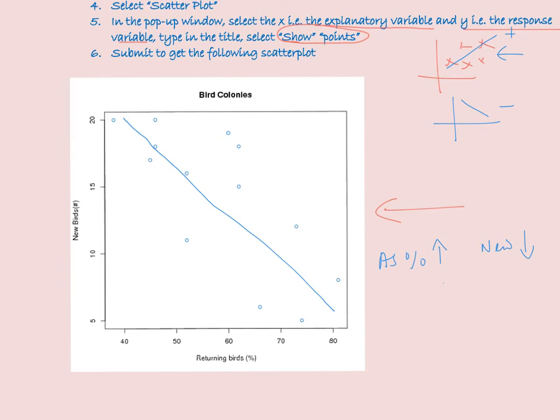So the association here is called a negative association, because as one variable increases, the other variable decreases. So it's a negative linear association, or a negative linear relationship between the percent of birds returning from the previous season and the other variable, which is the new birds joining the colony.